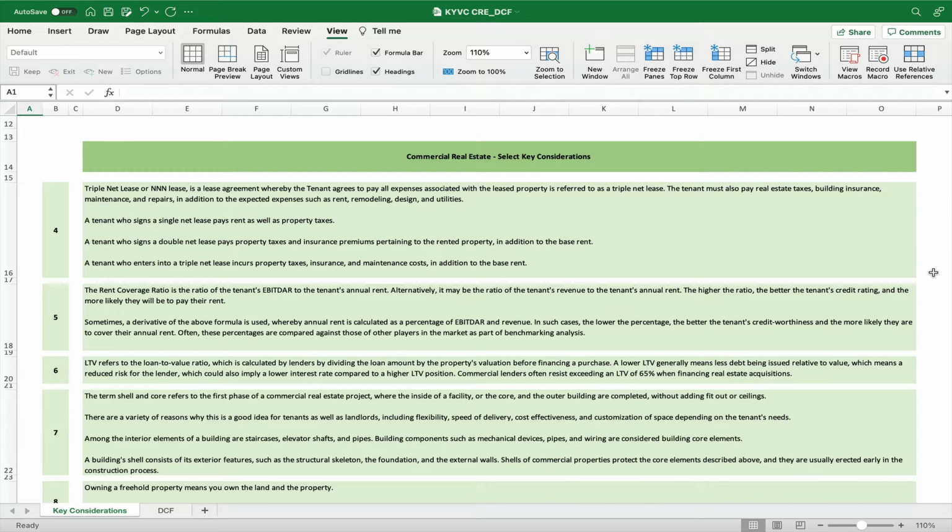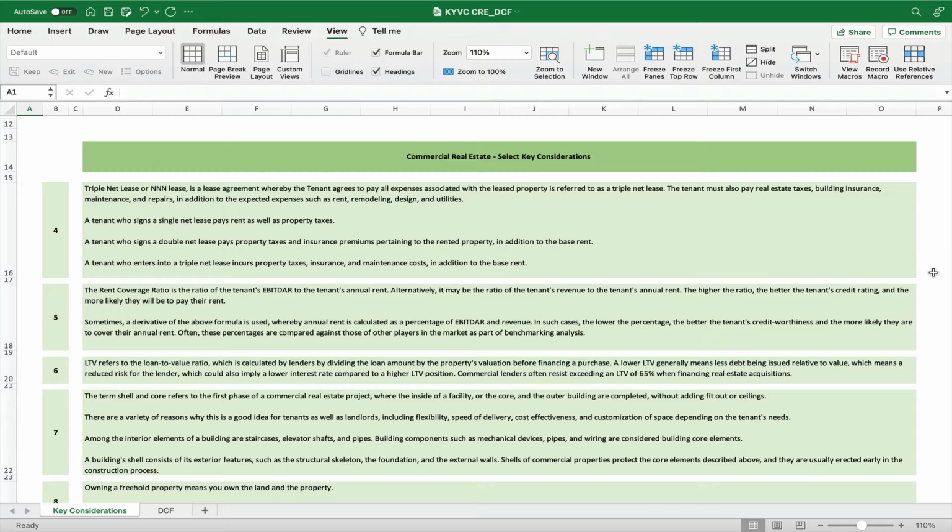That means that you've got a little problem, because your numerator, which is rent in this case now, is much higher versus your denominator, which is EBITDA or revenue, which means that it's going to put a bigger strain on the business as an expense. So in such cases, the lower the percentage, the better the tenant's creditworthiness, and the more likely they are to cover their rent.